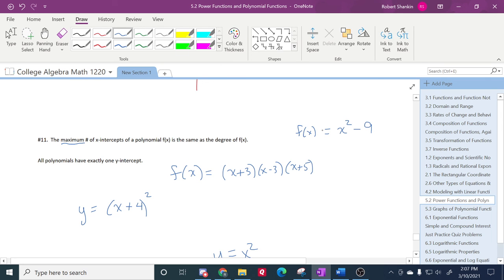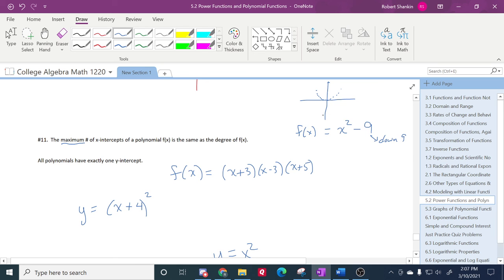Let's look at this one. I wrote f of x equals x squared minus 9. If I was to graph this function, its y equals x squared looks like this. But this causes the shift down 9.